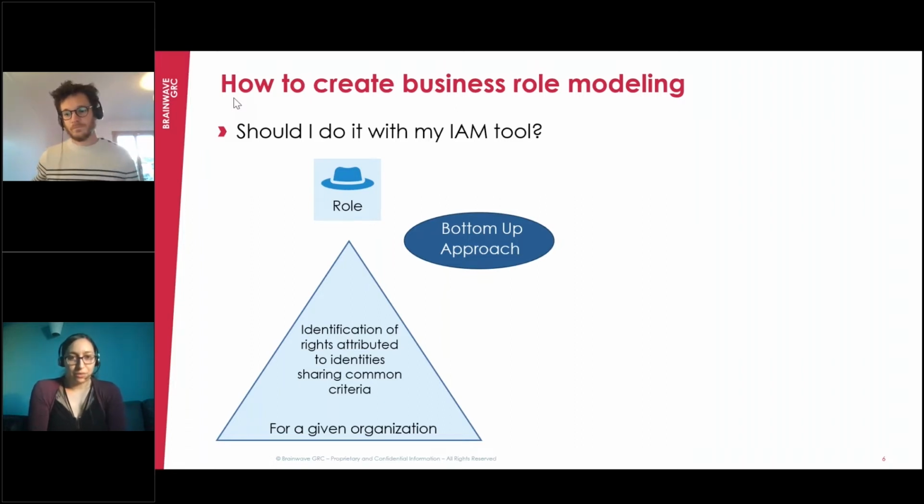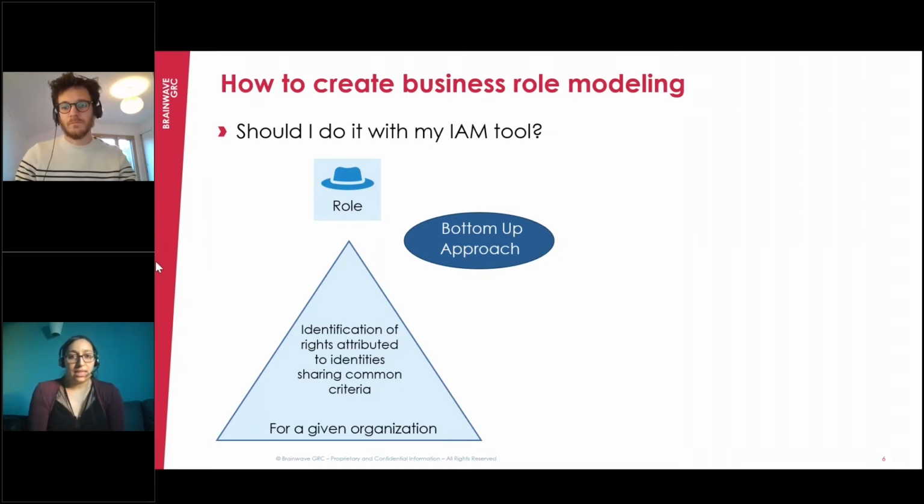In that kind of approach, the starting point is the identification of rights that are granted to several people within the same organization, or several people who share the same job function, or that have any other criteria in common.